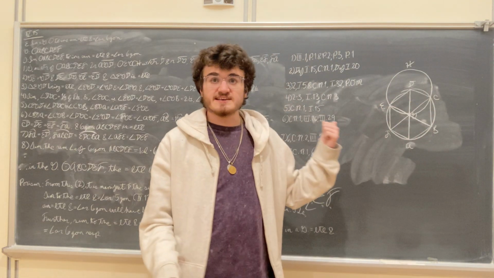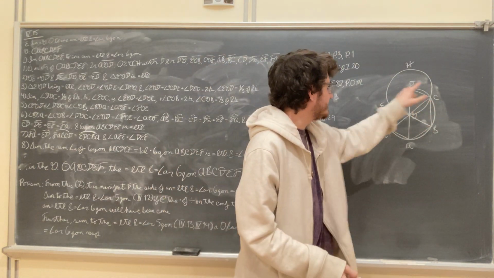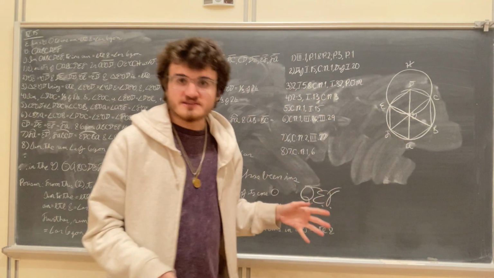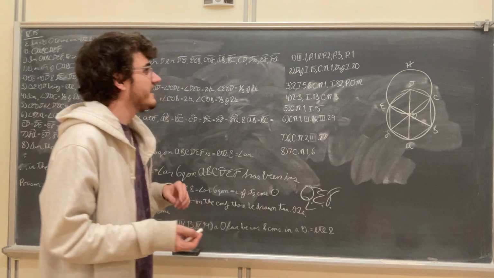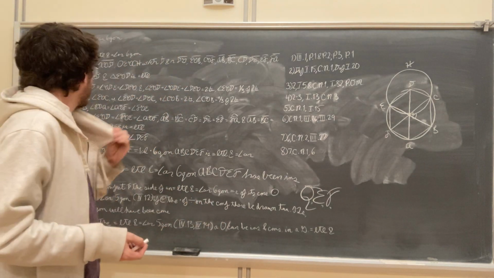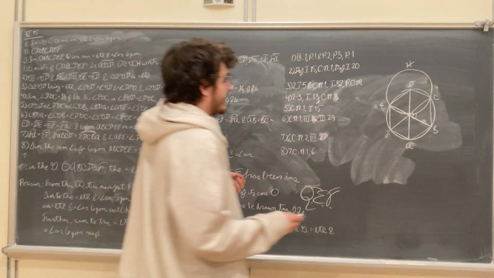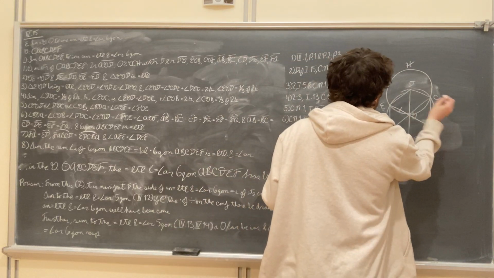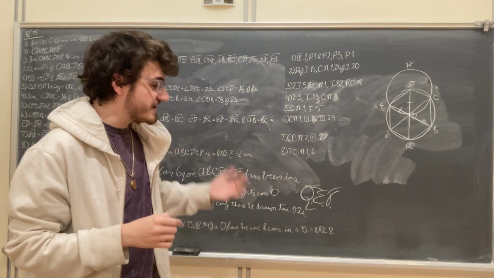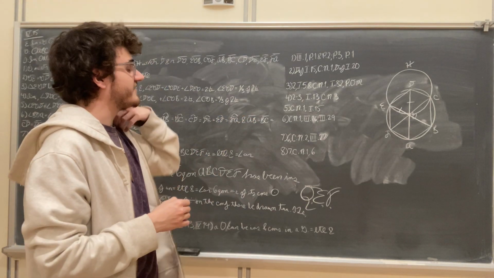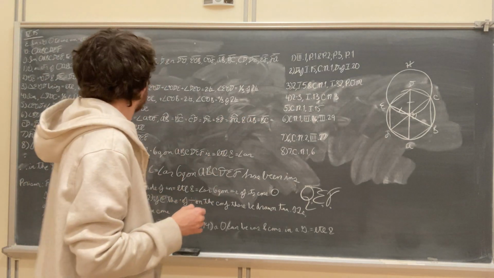Now what we're going to prove is that this hexagon A, B, C, D, E, F is equilateral and equiangular, and it has been inscribed in our given circle A, B, C, D, E, F. We begin proving this by noting that GE must be equal to GD because they're both radii of the same circle, and being radii of the same circle, definition 1.15 tells us that they are equal.